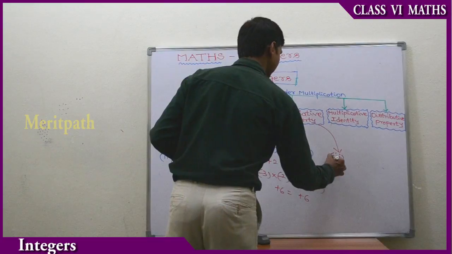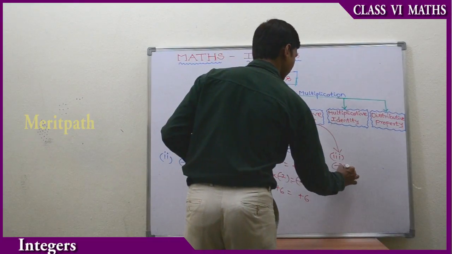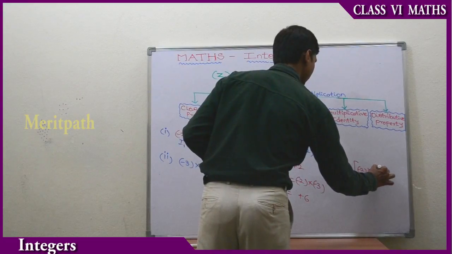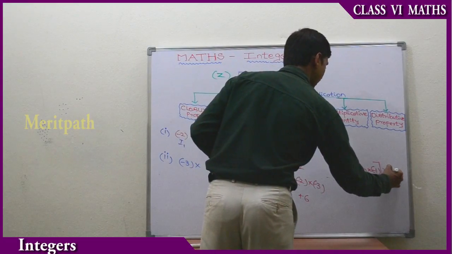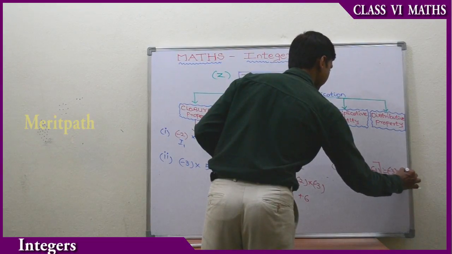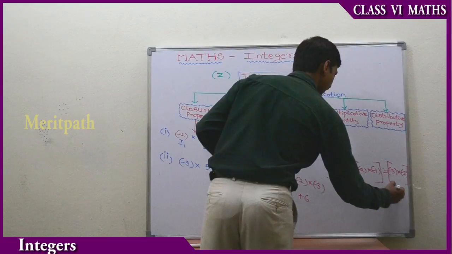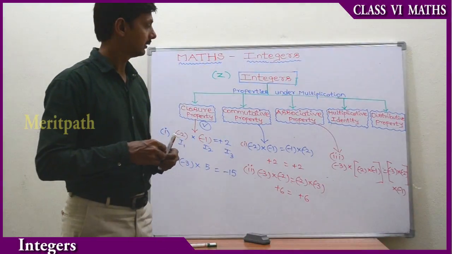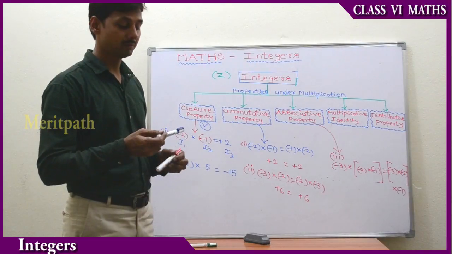Let's take an example. Minus 3 into minus 2 into minus 1 equals minus 3 into minus 2 into minus 1, with the brackets placed differently. Let's simplify this.